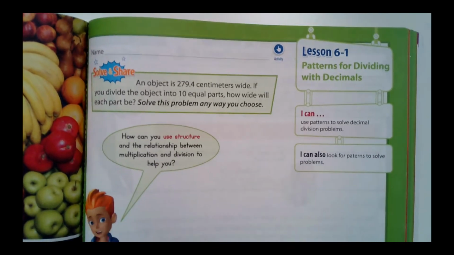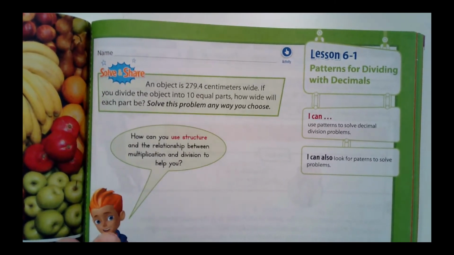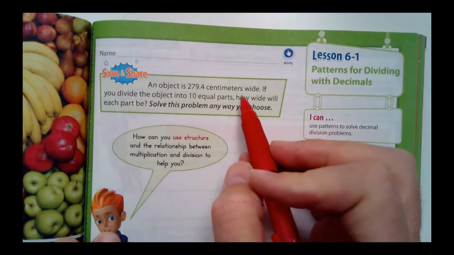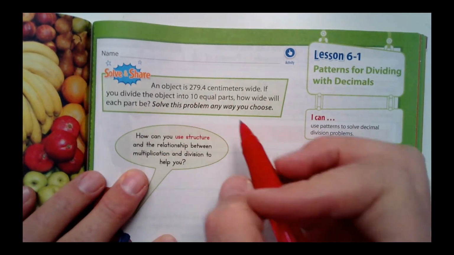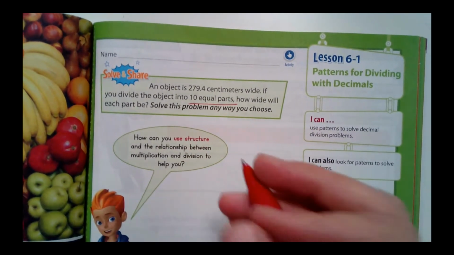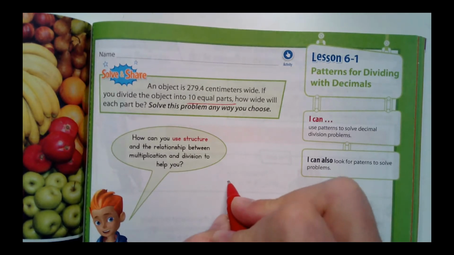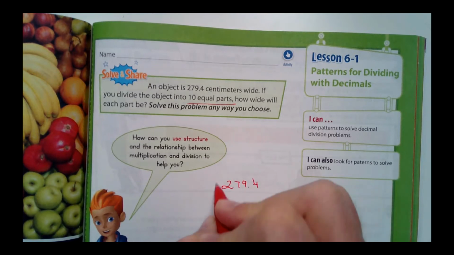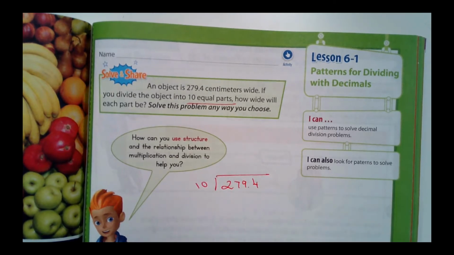So the first page here, they're talking about, it says an object is 279.4 centimeters wide. If you divide the object into 10 equal parts, how wide will each part be? It says solve the problem any way you choose. So you could write it down this way, 279.4, and divide it by 10.